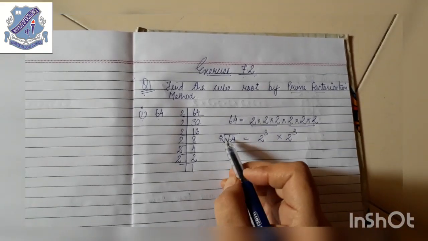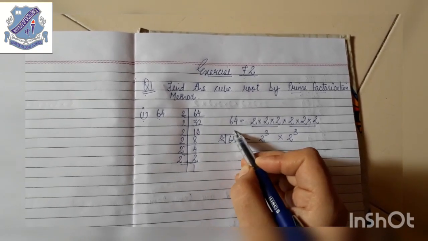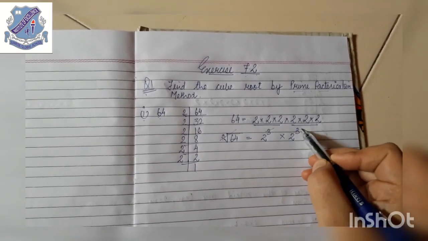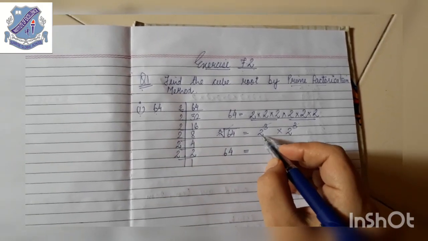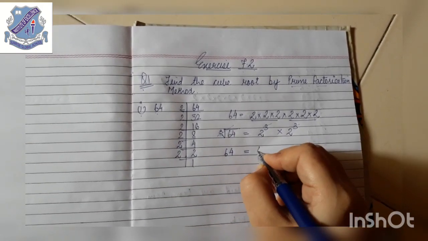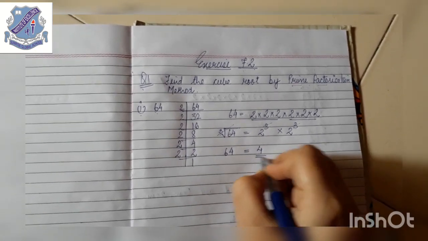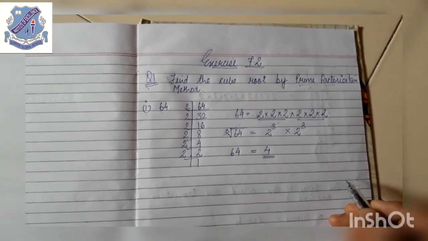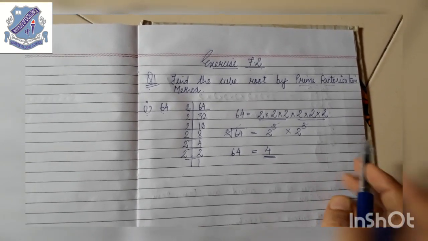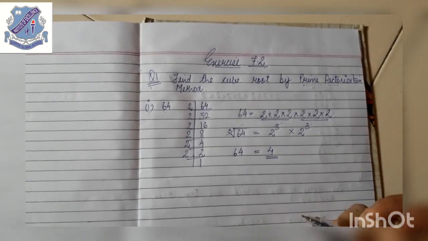Now this is simple, that whensoever this cube root will go, this will take the cubes with it. So 64 cube root is as simple as this, 2 multiplied by 2, that is 2 2s are 4. So 4 is the cube root of 64. So this is how we do the cube root by the method of prime factorization.